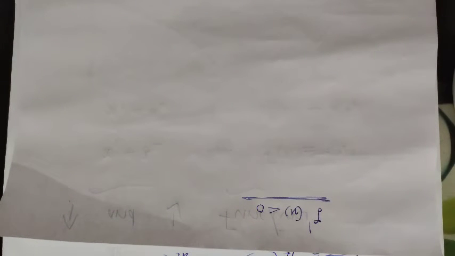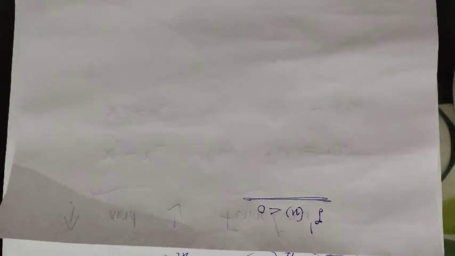If the first order derivative f dash x is negative, it is decreasing. If f dash x is greater than 0, it is increasing. And if f dash x is equal to 0, neither negative nor positive, it is a constant function. We are using this definition to solve the problem.